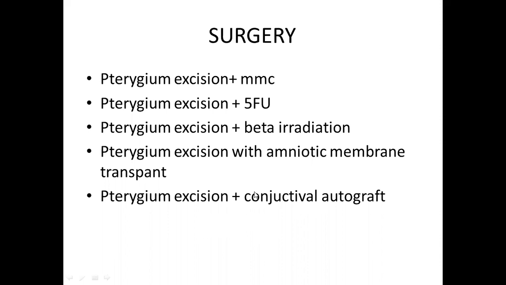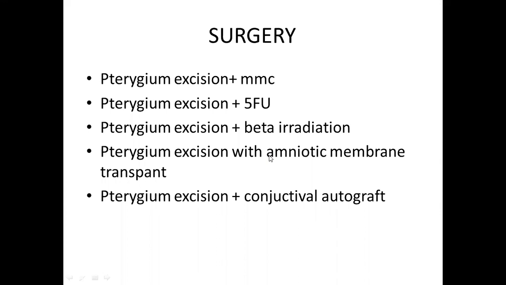Other options include pterygium excision with beta irradiation, like applying a radioactive substance to the place you removed your pterygium from. It reduces recurrence and destroys those abnormal cells that cause this growth. Also, you can do what we call pterygium excision with amniotic membrane transplant.